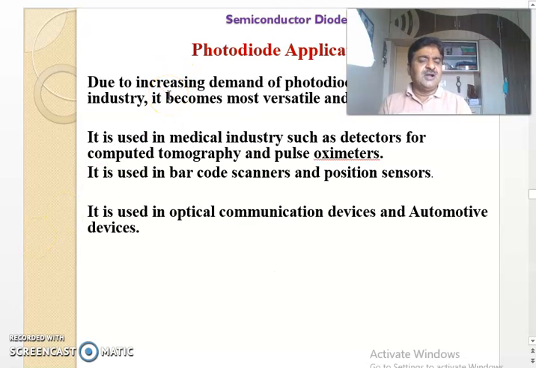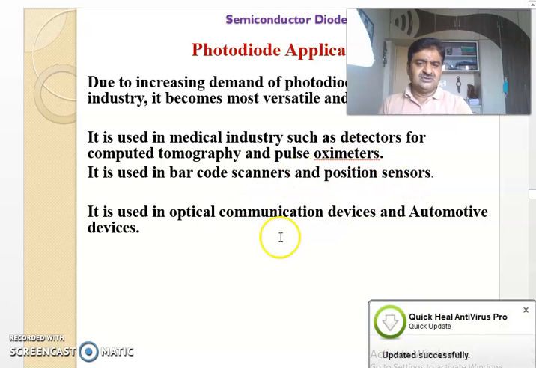Due to the increasing demand for photodiodes in the electronics industry, it has become the most versatile and efficient diode. It is used in the medical industry, such as detectors for computed tomography and pulse oximeters. It is used in barcode scanners and position sensors, in optical communication devices and automotive devices also.